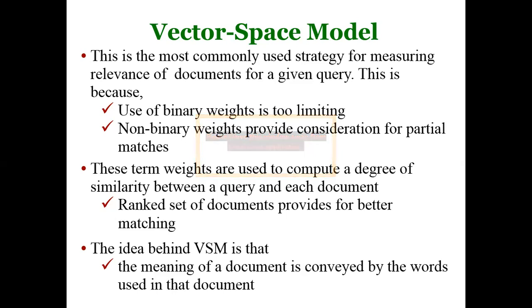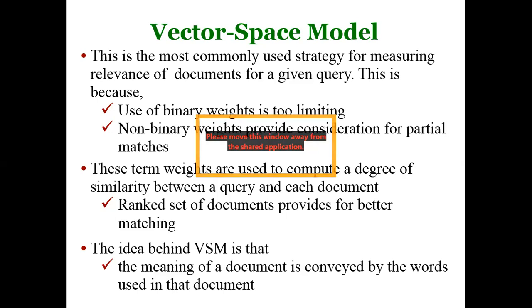So they are interrelated, since terms are used for identifying relevant documents. First of all, in the vector space model, the terms themselves are evaluated and measured based on their importance. That means based on their frequency. So it applies non-binary, not binary.